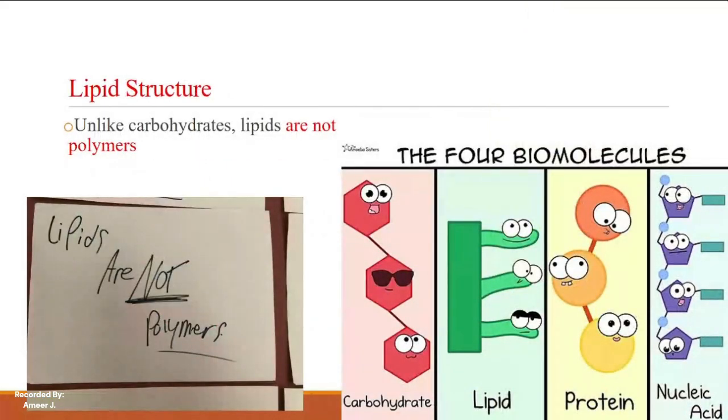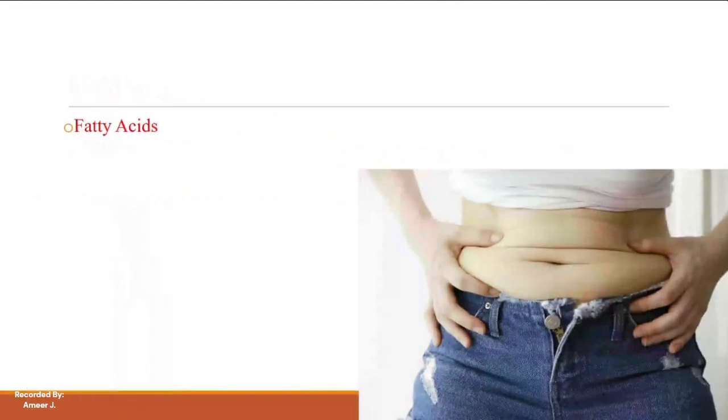In the structure part, a very important point is that unlike carbohydrates, lipids are not polymers. And after that, we want to talk about fatty acids, the building blocks of fats.